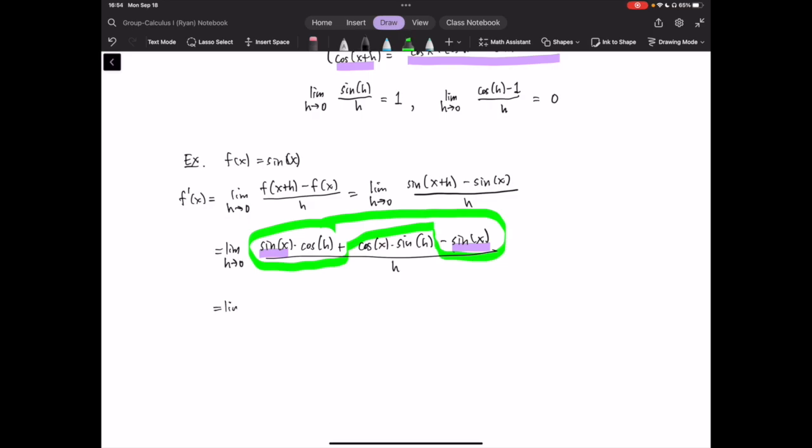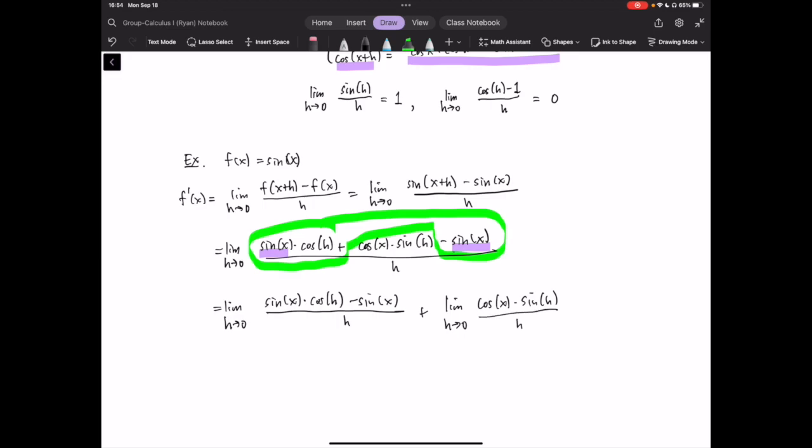We can write this as the limit as h approaches 0 of sine of x times cosine of h minus sine of x again, all divided by h, plus the limit as h approaches 0 of cosine of x times sine of h, all over h, like this.